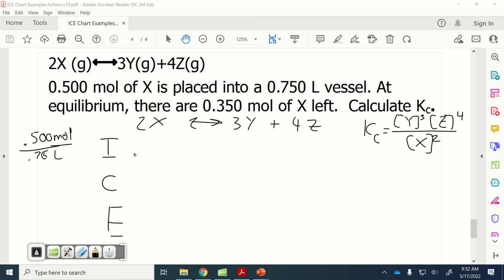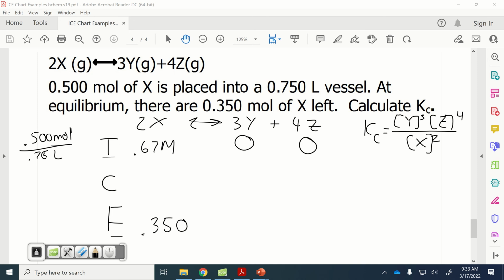So this should be 0.67 molarity. That's not a very nice number to give us, especially with the amount they're giving us here. But the other side, 0, 0. We're not starting with any of those. It says at the end we're going to have 0.350 left.